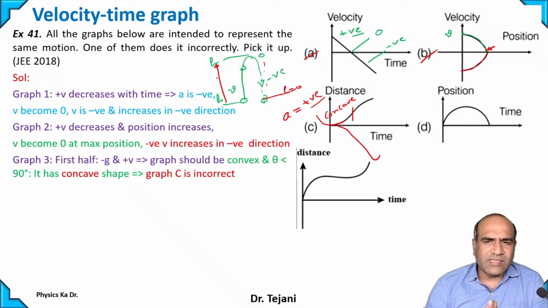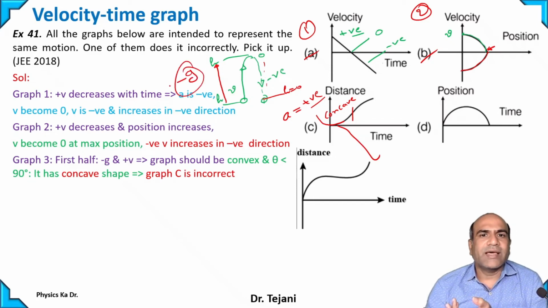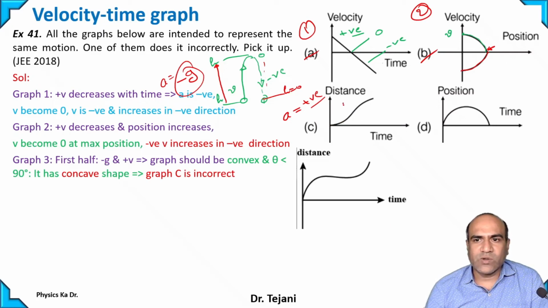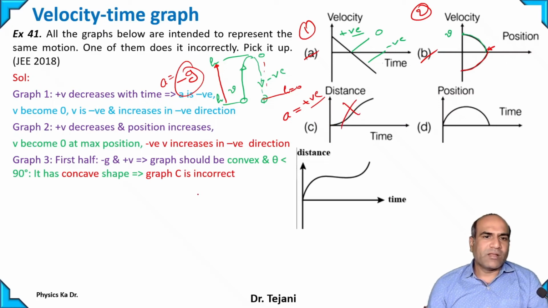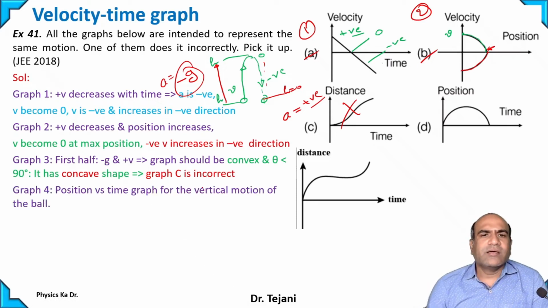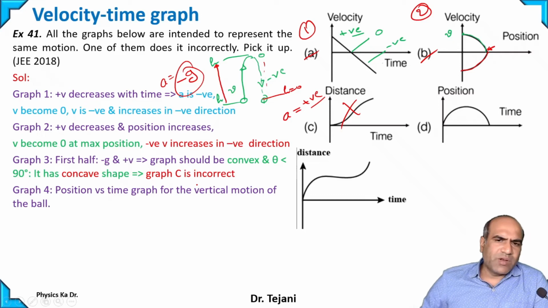We have taken examples for cases 1 and 2 in which it is like a free movement of a body under gravity, so acceleration should be minus g, and therefore the first half of the graph is concave but it should be convex. So this drawing is wrong. Graph C is incorrect. Graph 4, position versus time graph.